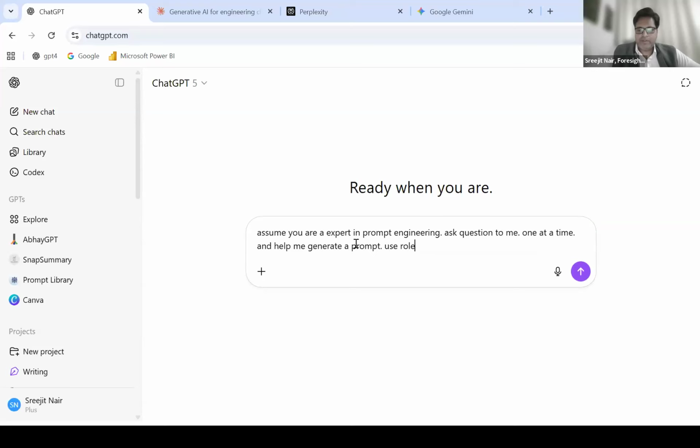Use role, context, and task model to frame the questions. I'm complicating. You can just skip the second line. Even assume you are a prompt engineering expert and ask one question at a time to me and help me create.